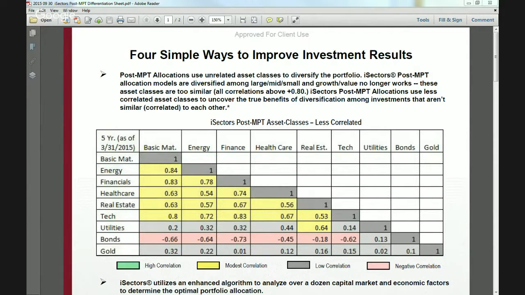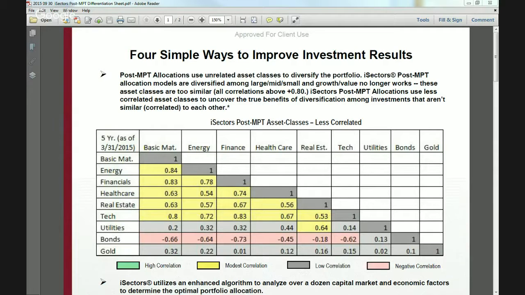And as you well know, these asset classes have become very highly correlated over the last 20 years, and they're starting to converge on one. And in a down market, when you really need diversification to reduce risk, they actually do converge on one. And you see that anytime the market goes down. So these asset classes really don't uncover the benefits of diversification.